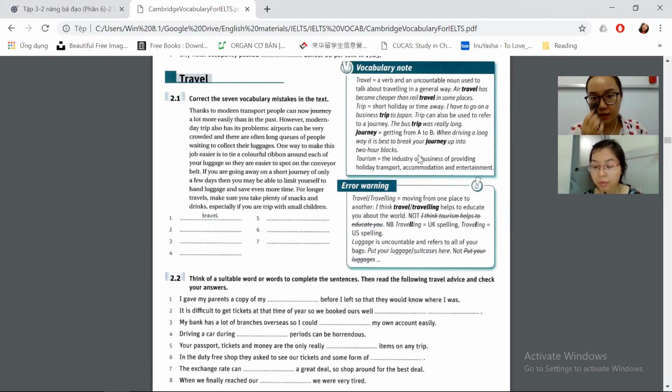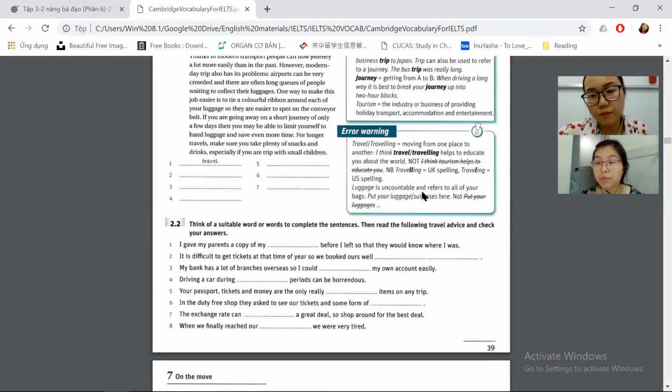Tourism is the industry or business of providing holiday transport. We have a mistake here. Travel or traveling is moving from one place to another. So you think travel helps to educate about the world.